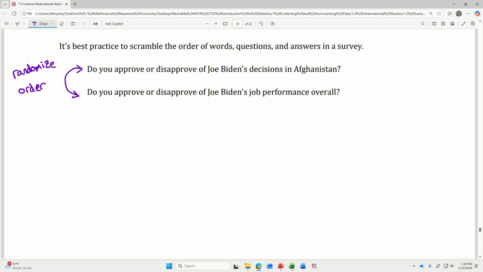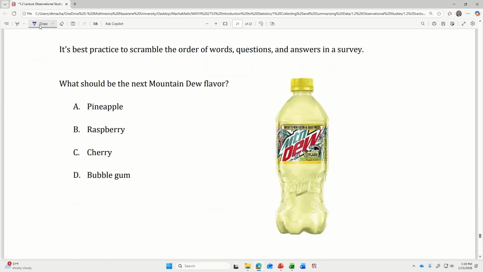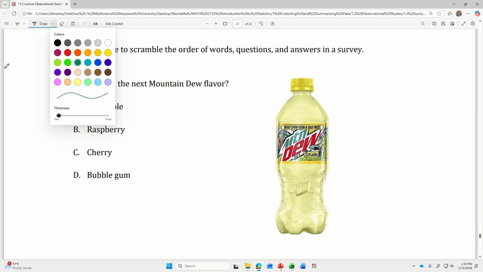So if I immediately ask this question afterwards, your overall opinion is in the moment quite heavily influenced by your memory of what happened in Afghanistan, right? And so that's going to influence the way you answer the question about overall performance. Versus if you switch the order, you'll get different percentages of responses.